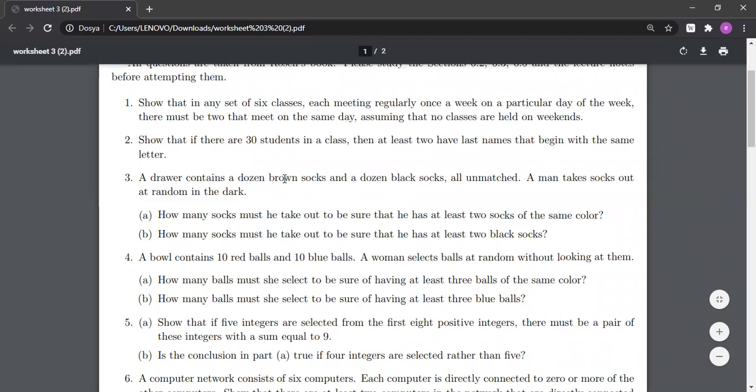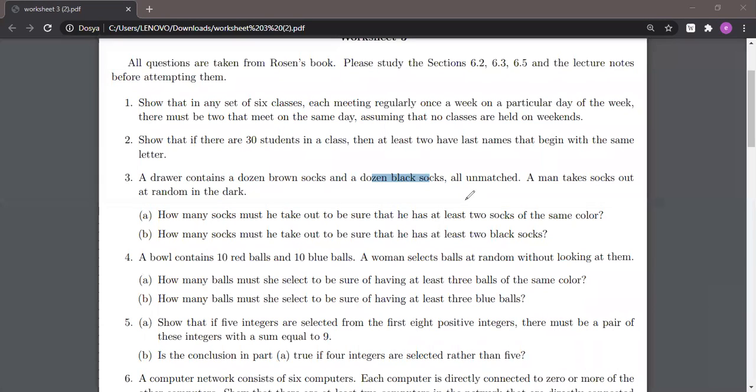Why? Because there are 12 brown socks and 12 black socks. If the man takes out 14 socks, we know there are 12 brown socks, so we have plus 2.